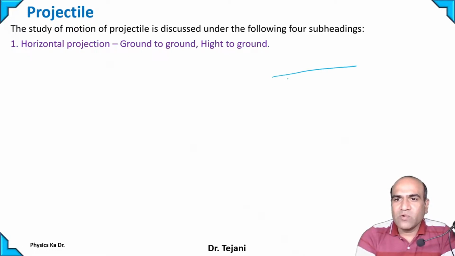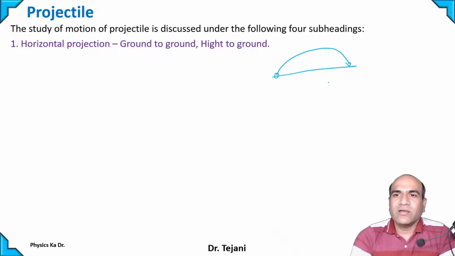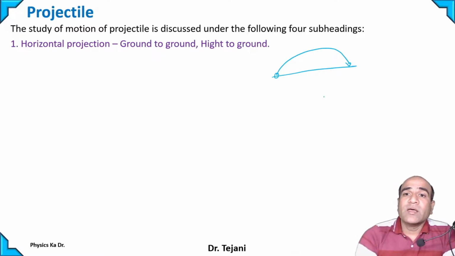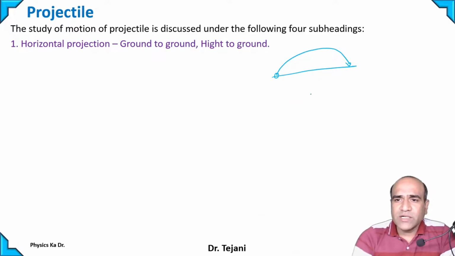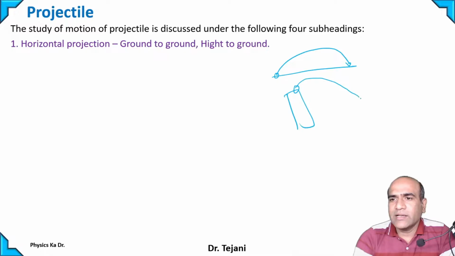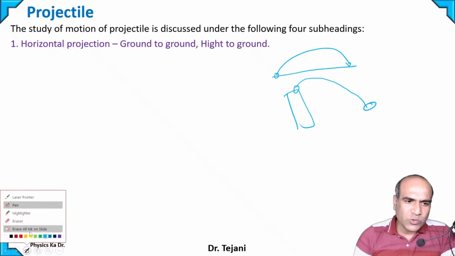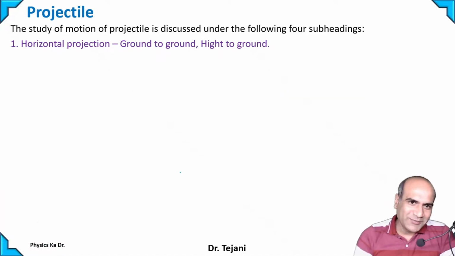So an object can move from ground to ground, or maybe ground to some other ground with a different height, or an object is thrown from a certain height, right? We'll be taking this kind of example. So this session is majorly focusing on horizontal projection and ground to ground on the level ground, we can say.